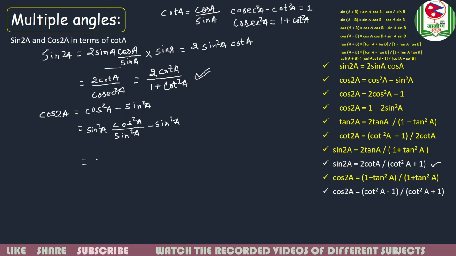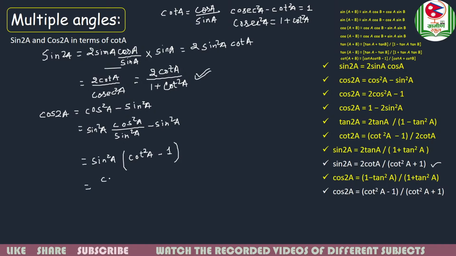So on taking common, what we will get? We will get sin square A, and then cos square A upon sin square is going to be cot square A, and this is minus 1. Okay, so what we will do now?